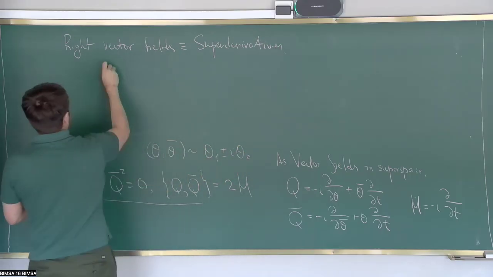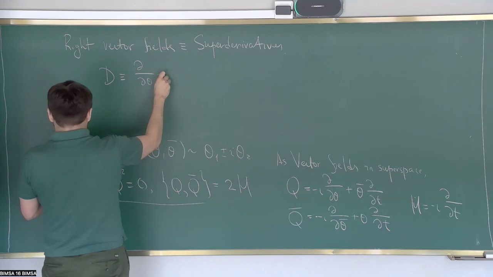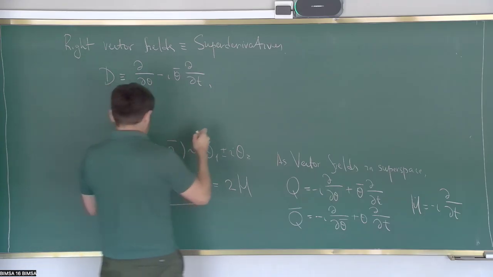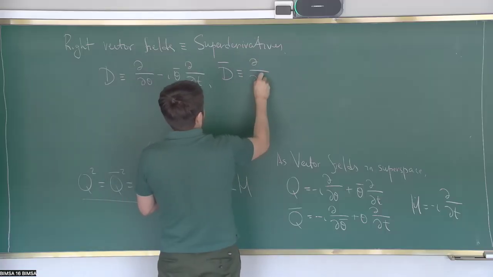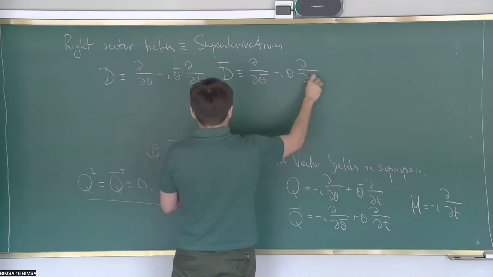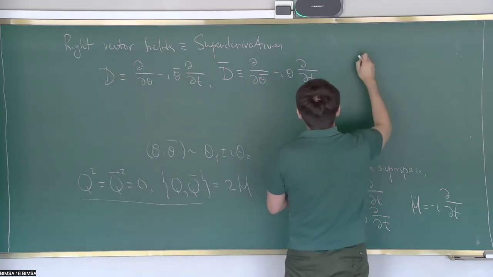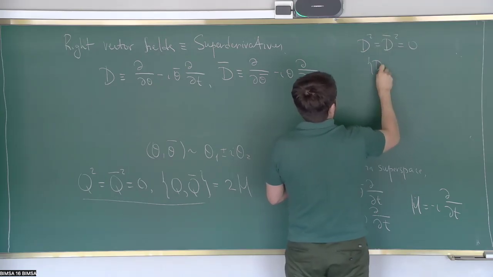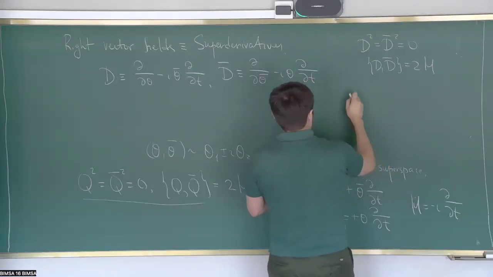D is d over d theta minus i theta bar d over dt, and D bar is d over d theta bar plus theta d over dt. And again, they satisfy the same commutation relations as the supercharges. So D squared is D bar squared is 0, and the anti-commutator of D and D bar is H.